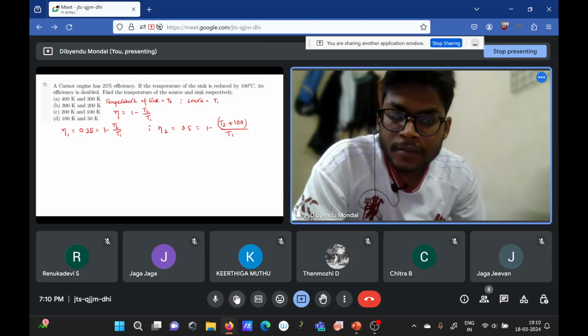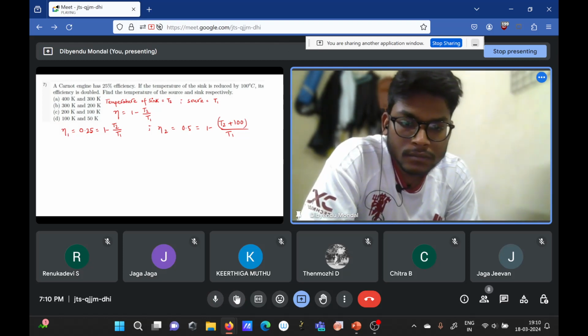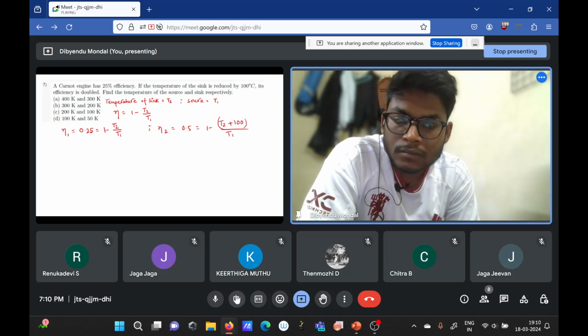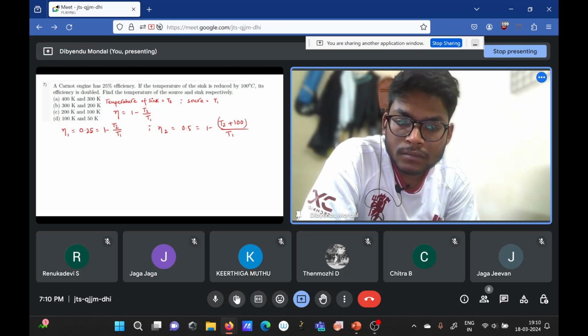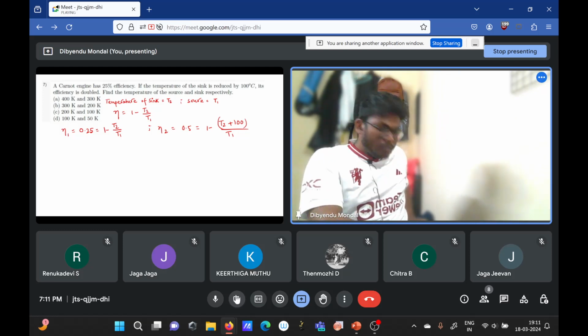Anybody solved it? I will again wait for 1 or 2 minutes because this is pretty simple.